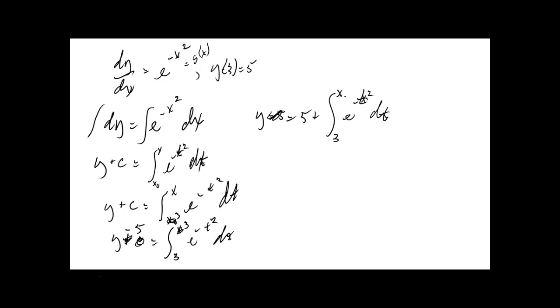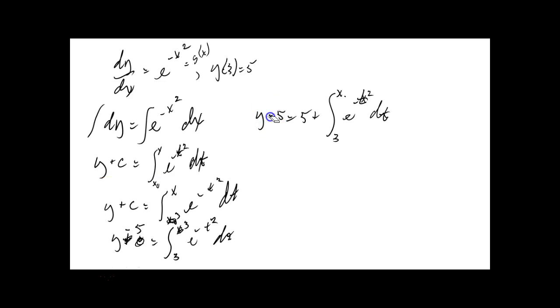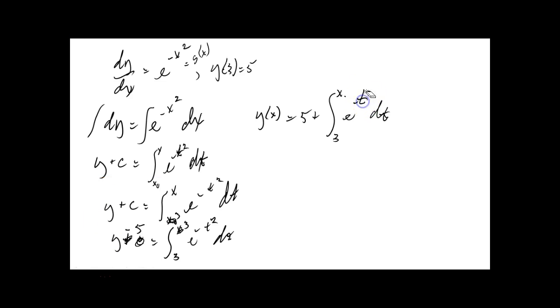Somehow it doesn't seem very satisfying, but I moved the 5 to the other side, so y of any value x is equal to 5 plus the integral from 3 to x of e to the minus t squared. Let's see if I can clean that up a little bit.